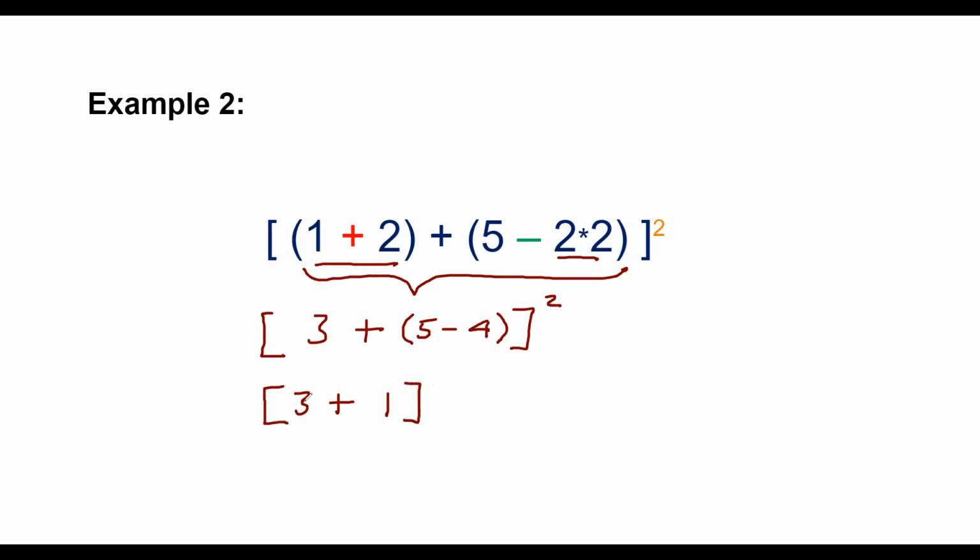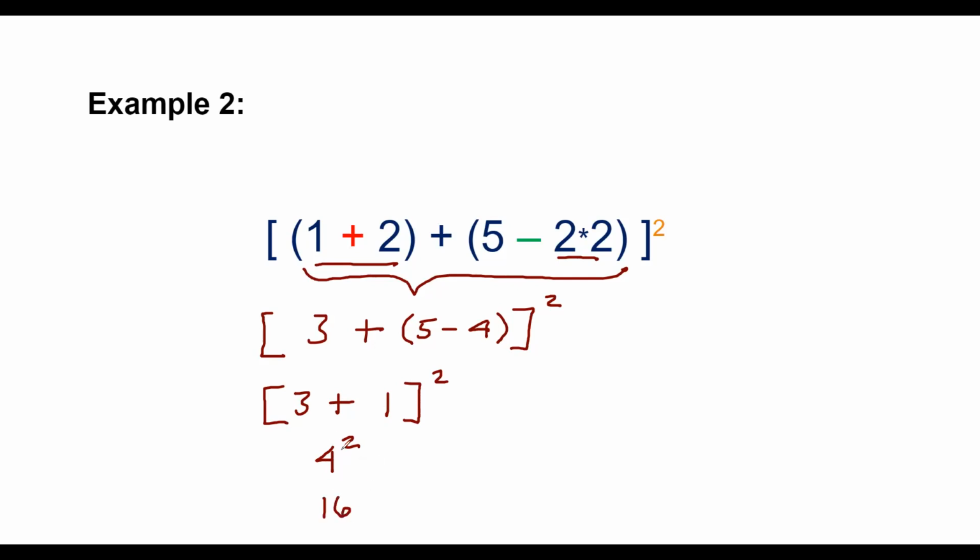And we are left with 3 plus 1 to the second power. This, even though these are square brackets, we still treat them like parentheses. We have to do this first. That becomes 4 to the second power. Now that we've completed everything inside all of these parentheses, we can now apply the exponent. 4 to the second power is 16.